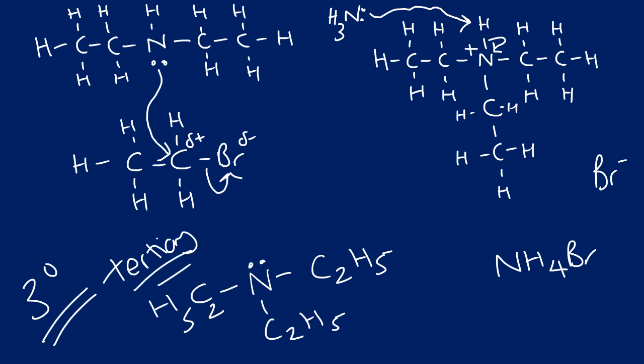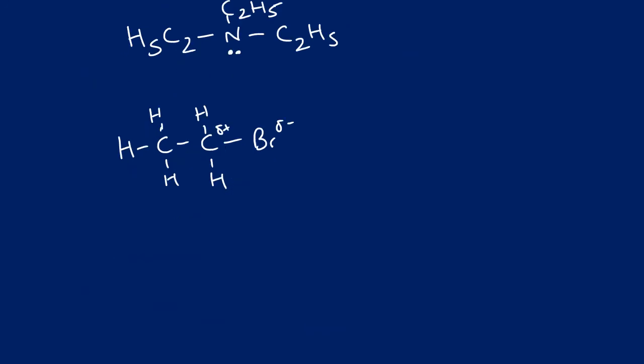And as I've said, we are not finished there, because this tertiary amine can go on and act as a nucleophile and undergo further substitution. Let's take a look then. Let's see what happens. So here's our tertiary amine that we formed from the secondary amine, and that lone pair in the nitrogen is still able to act as a nucleophile and attack that delta plus carbon exactly as it has on the last three occasions, and the Br will leave.